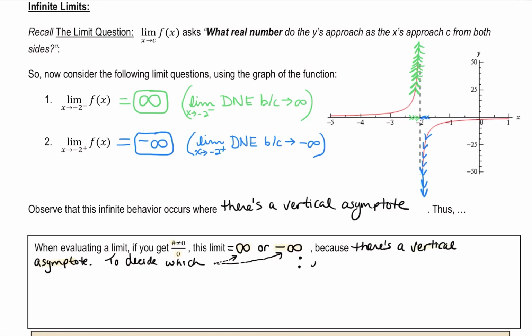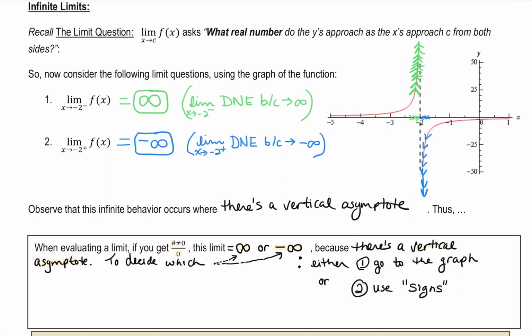I would say you can either just take a look at the graph. So you can go to the graph if you're knowledgeable of the graph, or even with your graphing calculator. Or, and I'll be modeling both of these, you could use what I'm just going to generically call this approach signs.